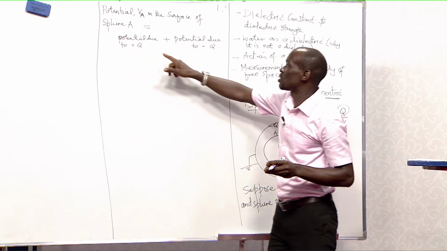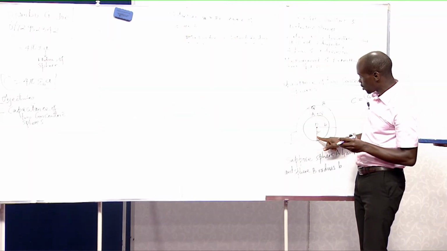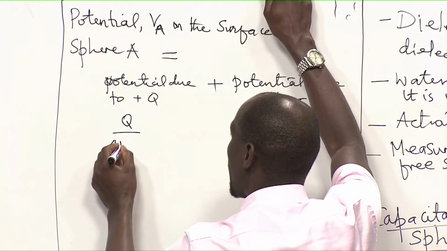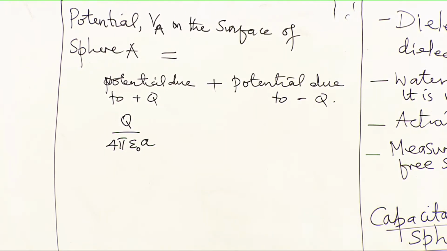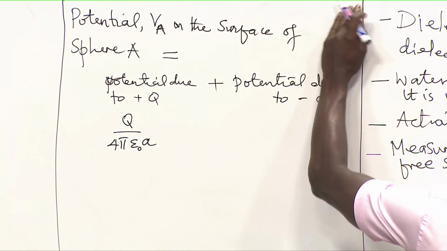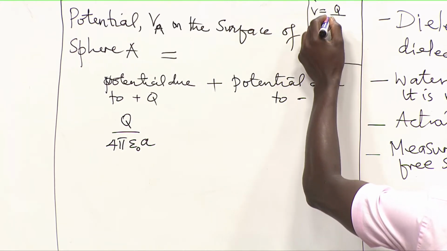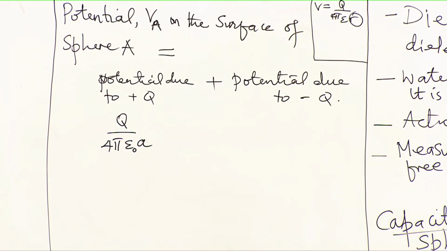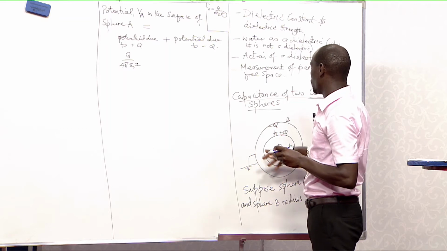It is going to be given by Q over 4 pi epsilon naught a. Remember, the expression for electric potential is V equal to Q over 4 pi epsilon r, where r is the distance from the point charge to the point where you're finding the potential.